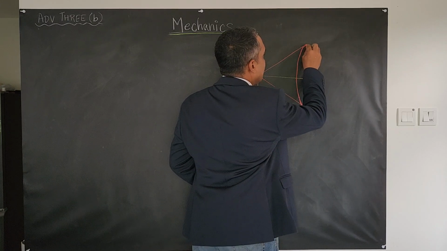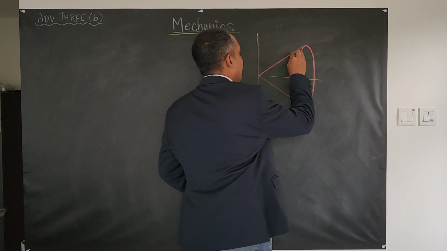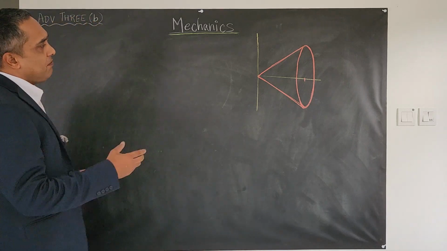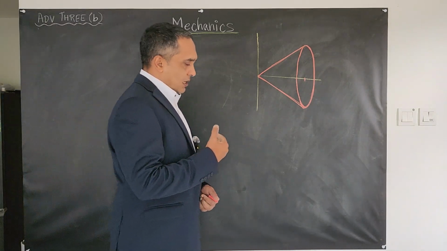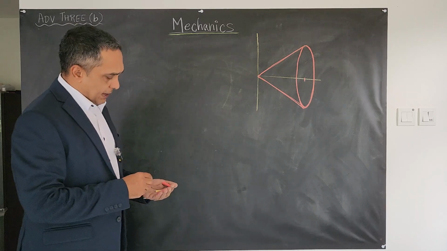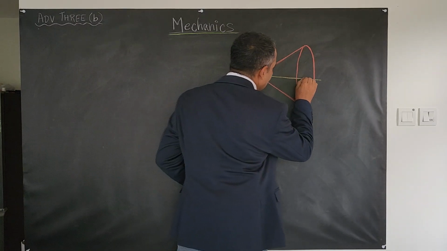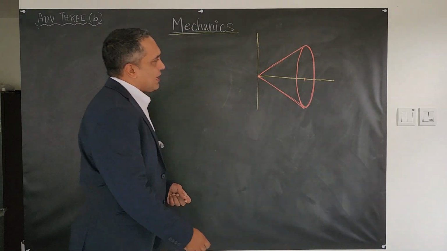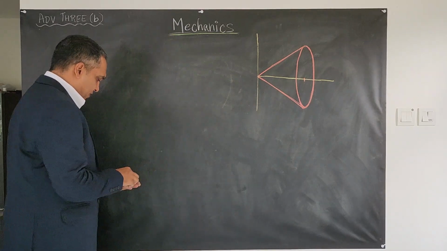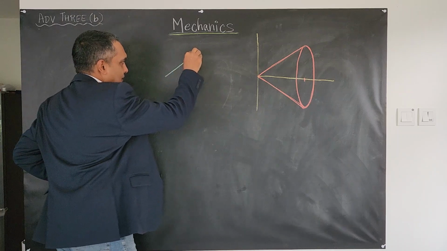I'm hoping that my color choices are not too painful. They are painful for me. I'm hoping they're not. Right? When I find these kinds of objects, it's a lot easier to visualize what's going on, because I know that there's this axis of symmetry, but if I looked at it just from the side, what I'd be looking at is that.